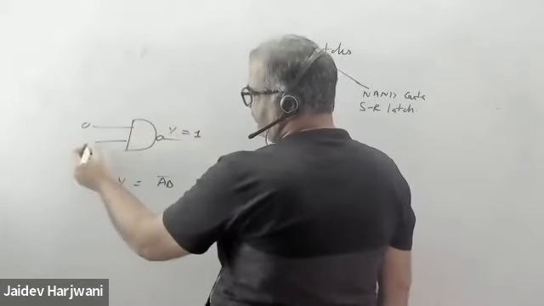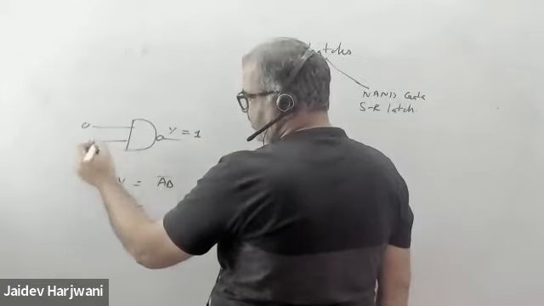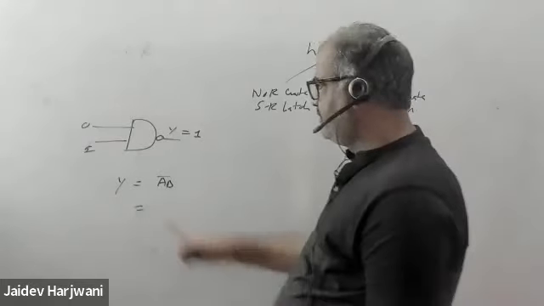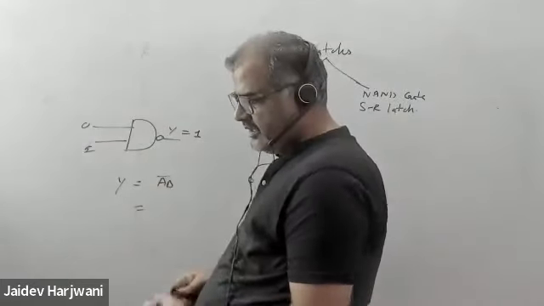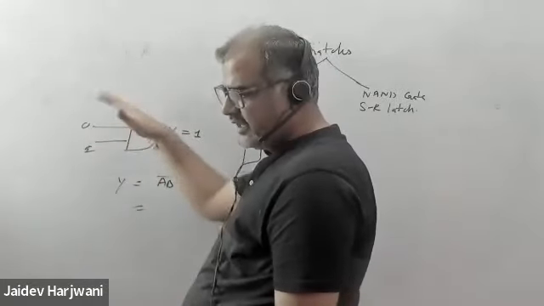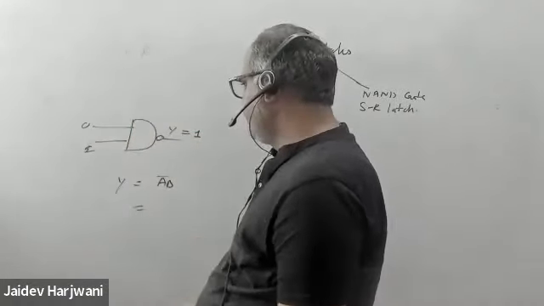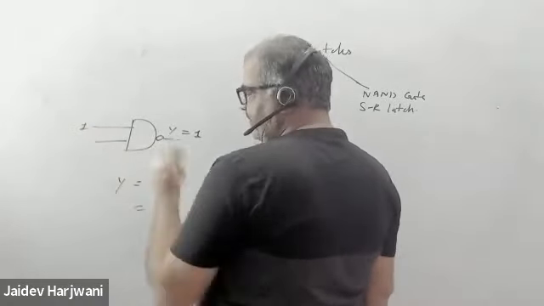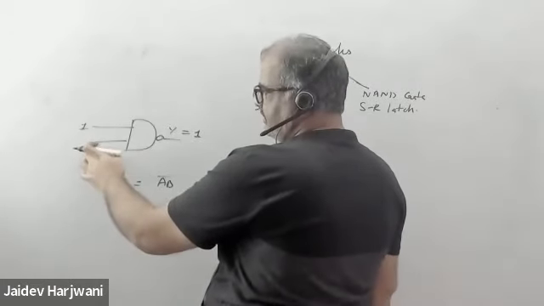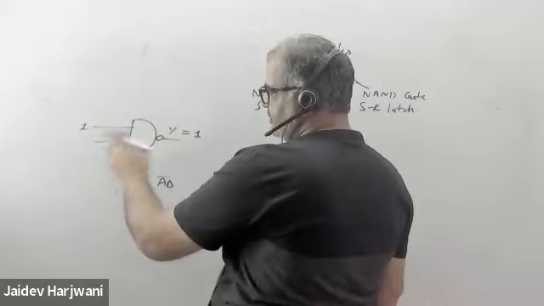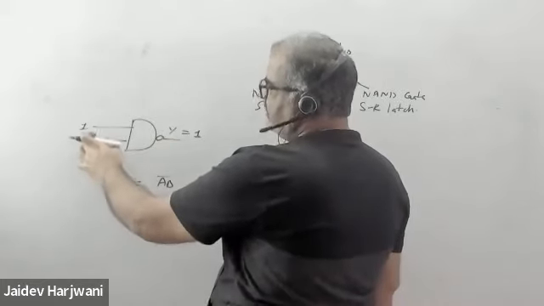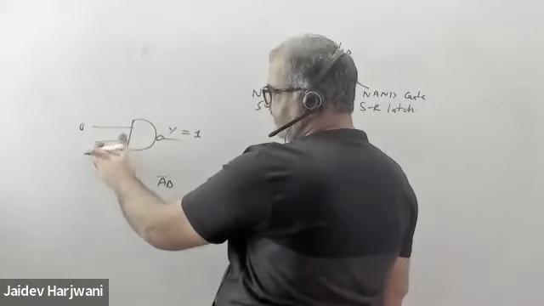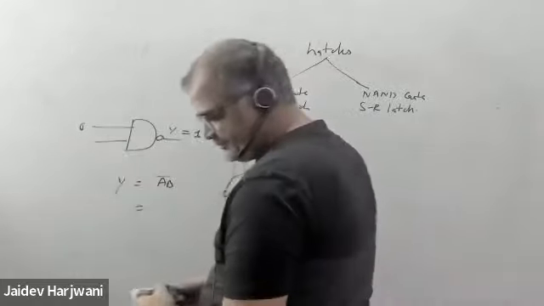Whether you put 0 or 1 on the other input doesn't matter. So you have to remember that point: in a NAND gate, if one input is 0, the other becomes irrelevant. In a NOR gate, if one input is 1, the other becomes irrelevant. Similarly, here if one input is 1, the other decides the output. If this is 0, the output becomes fixed, so the other input has become irrelevant.